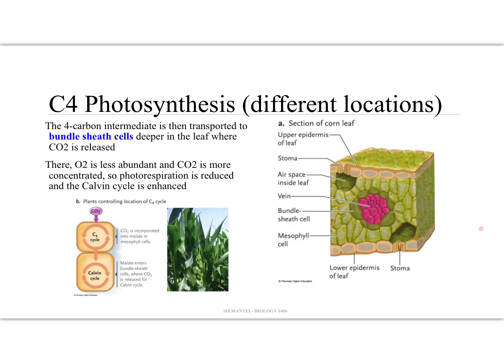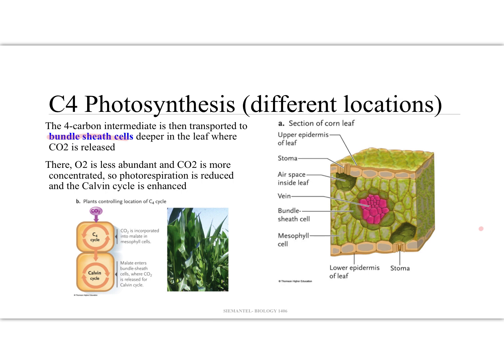Okay, so because C4 photosynthesis has that additional step of going through a C4 cycle so that carbon dioxide can be stored, it means that these plants actually need to have a little bit more space in their leaves to accommodate this C4 reaction. So the C4 intermediate is actually going to be transported or incorporated into a section of the plant called the bundle sheath cells. Okay?